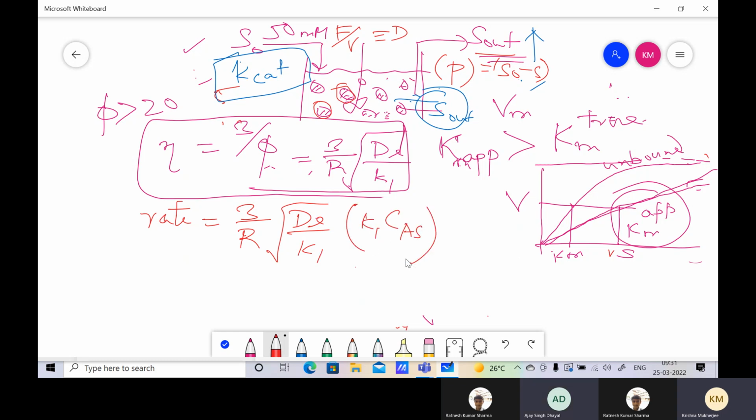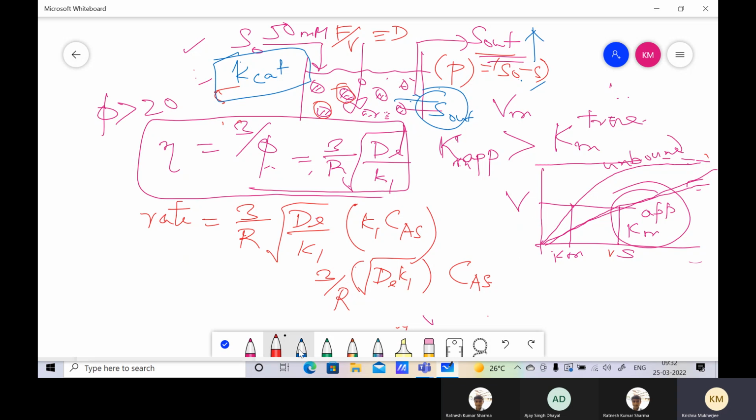Okay? So which becomes what? 3 by R root D K1. No, sir, D K1 only, not this. Yes, this will come inside, and K1 into CAS will come on top. Into CAS, yes, sir. Obviously into CAS.